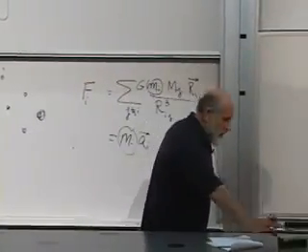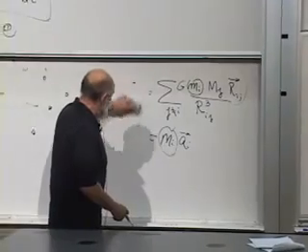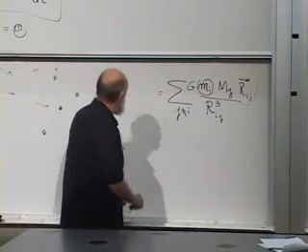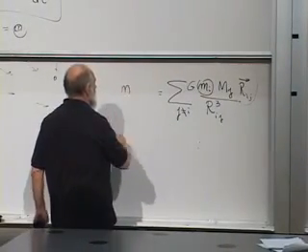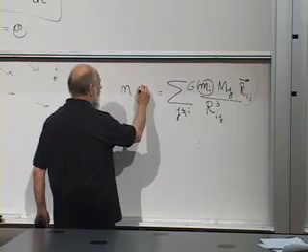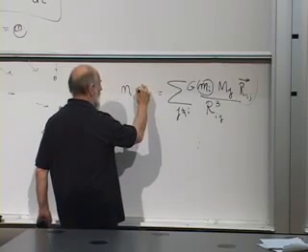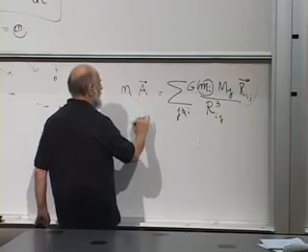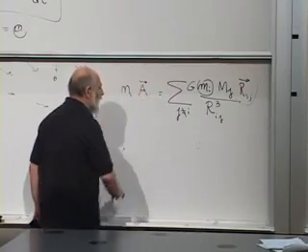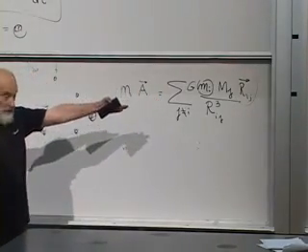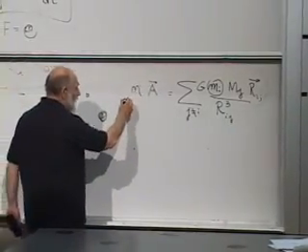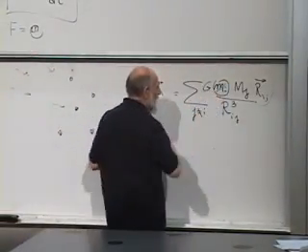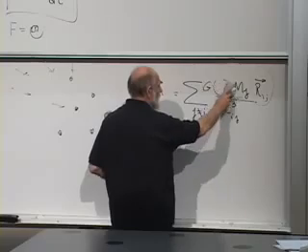Let's erase the intermediate step over here and write that this is m_i times a_i, but let me call it now capital A, the acceleration of a particle at position x, is given by the right-hand side. And we can cross out the m_i because it cancels from both sides.